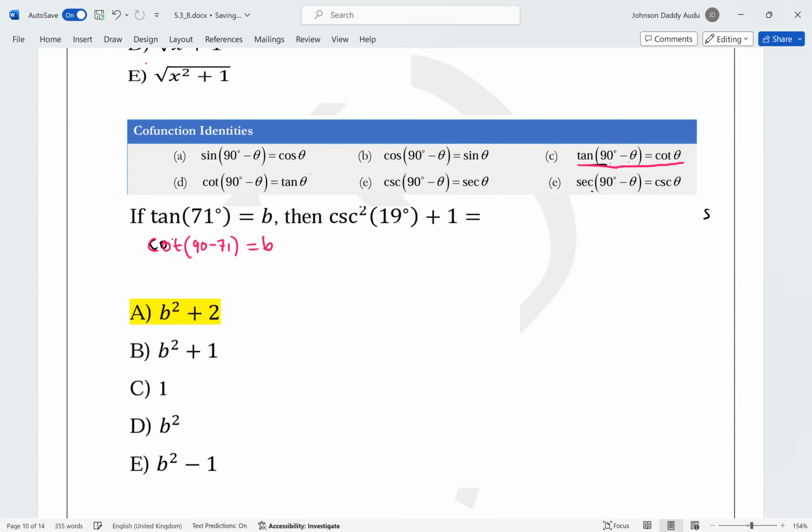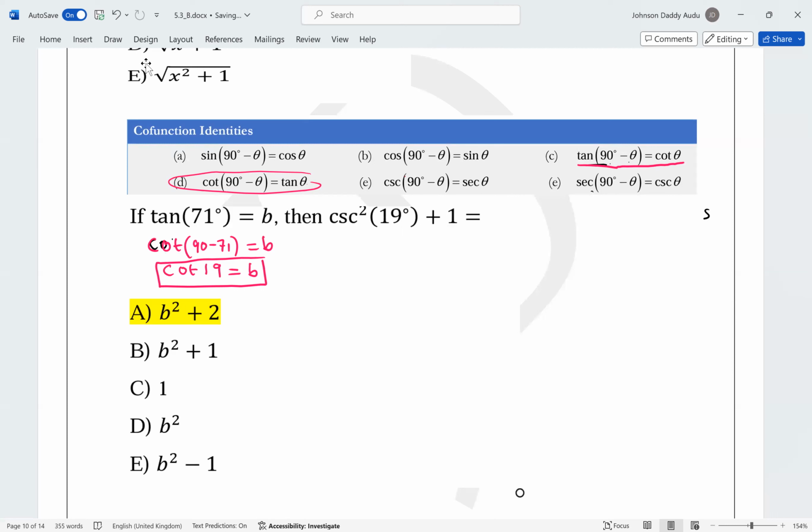So we have tan theta, you can change it to cotan of 90 minus theta. If you do this, this will give us cotan 19 is equal to B, okay?